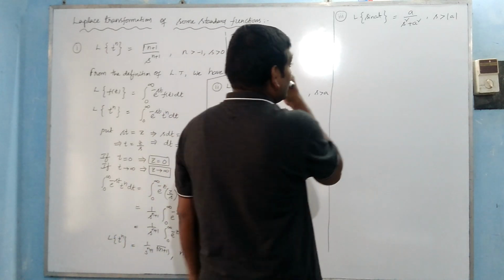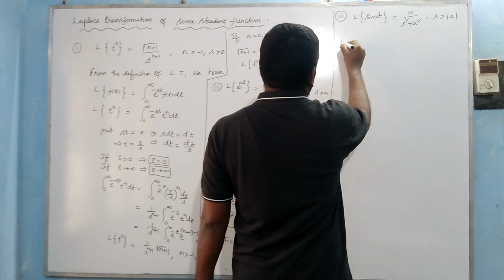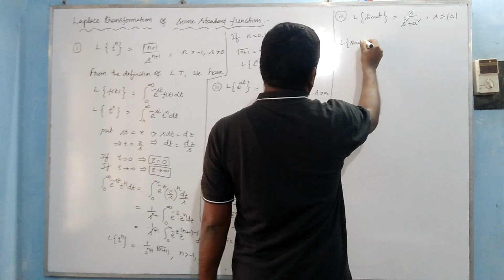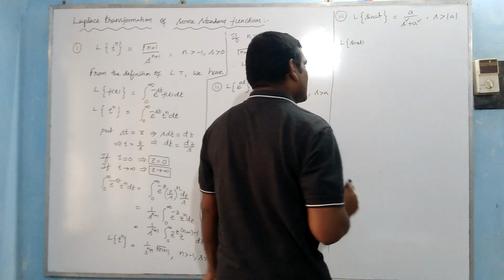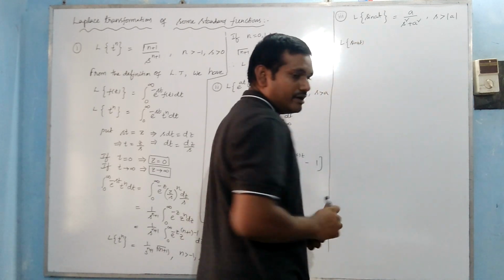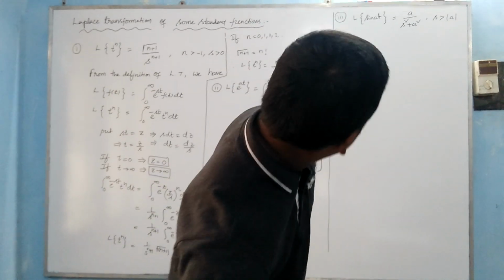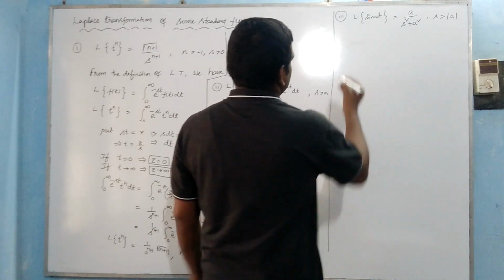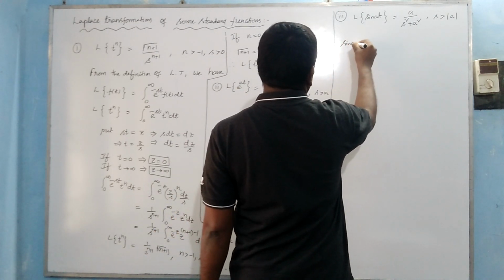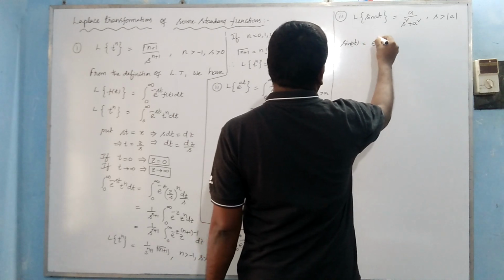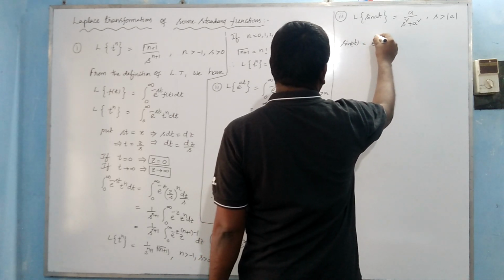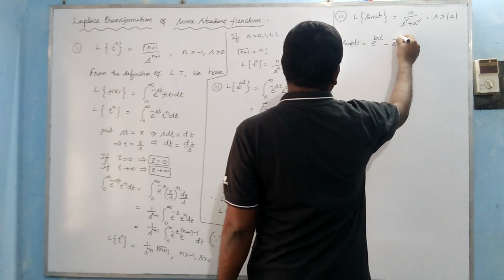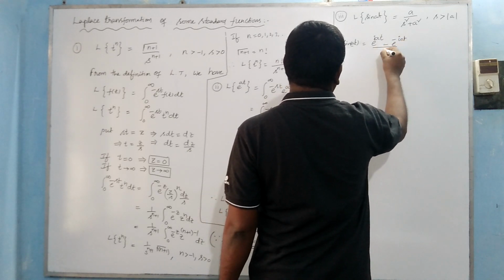Okay. Now from the definition, Laplace transform of sin at, sometimes we have to calculate. Sin at can be written as e power iat minus e power minus iat by 2i.